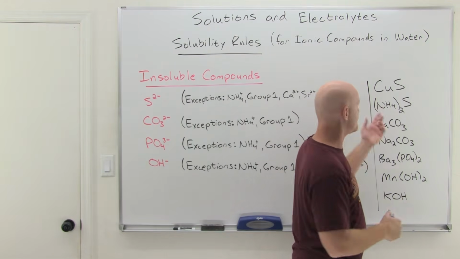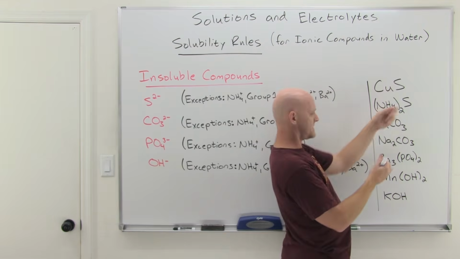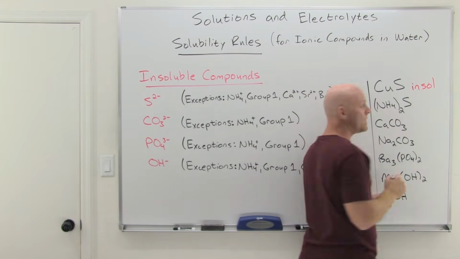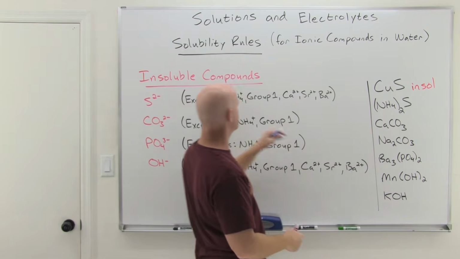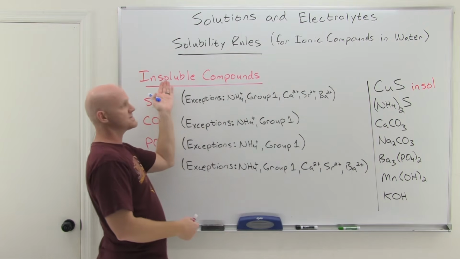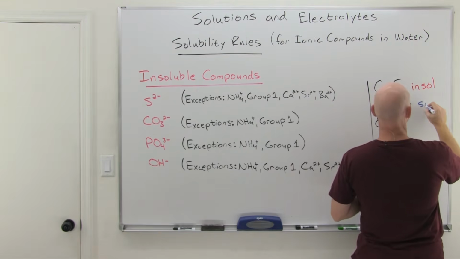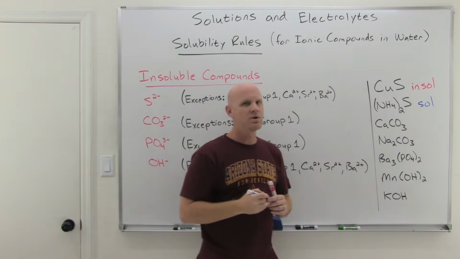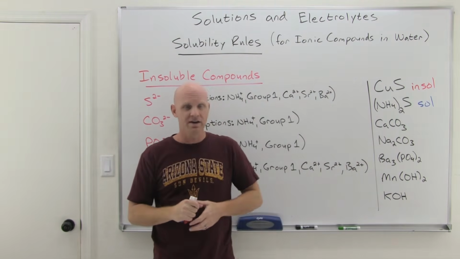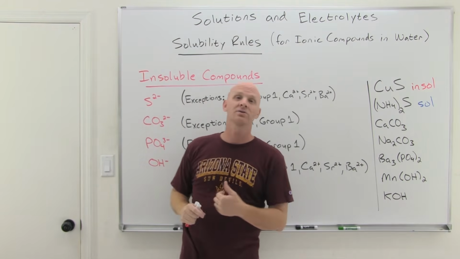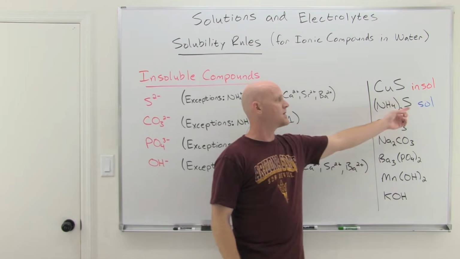So if we don't have the exceptions, like here we've got copper sulfide, then that's definitely going to be insoluble. But now when we have an exception, like with ammonium here, now the exceptions are going to be the soluble ones. So in the last set, we had the mostly soluble compounds, and the exceptions were insoluble, but now we have the mostly insoluble compounds, and the exceptions are the soluble ones.